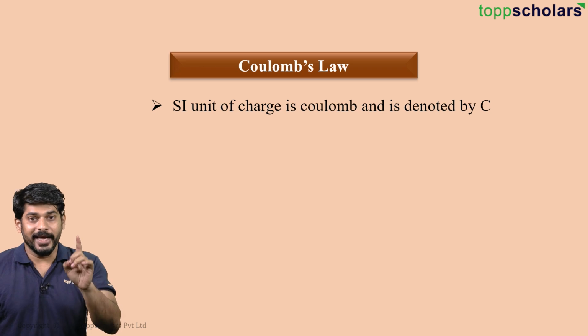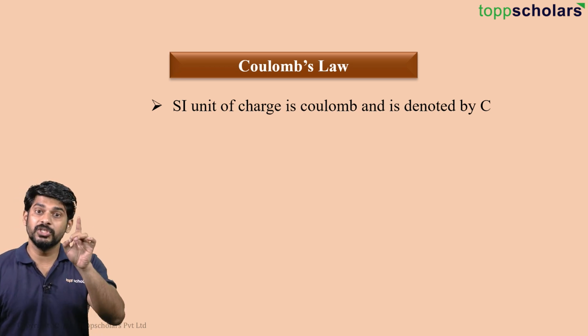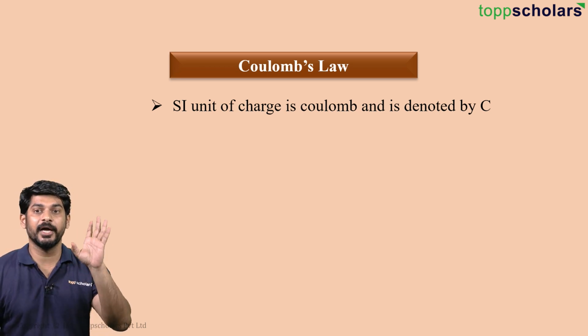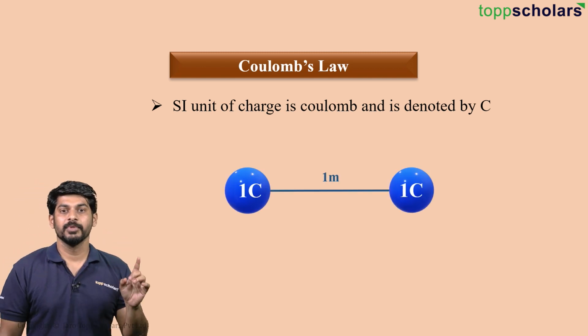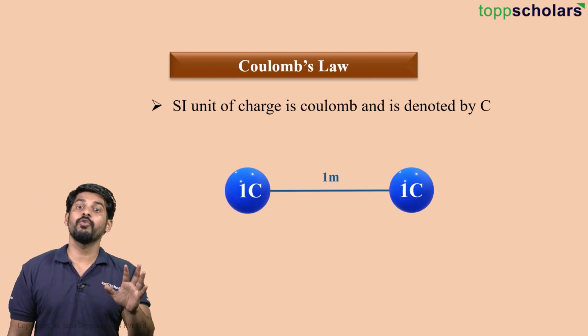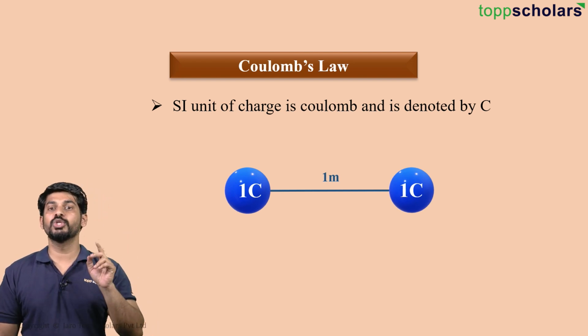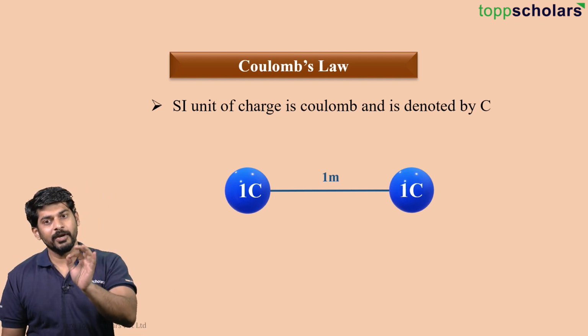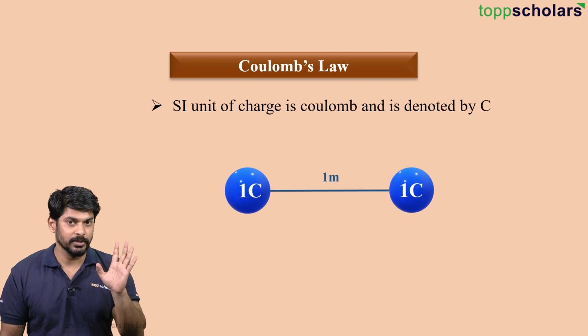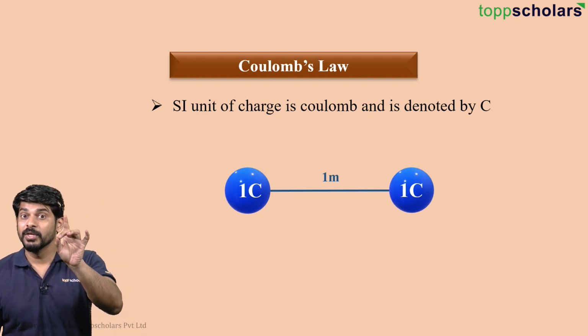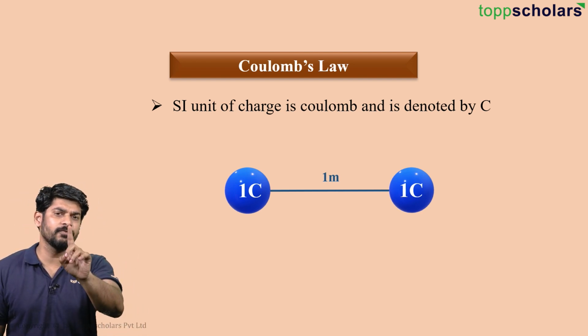Now, the SI unit of charge is Coulomb and it is denoted by capital C. Let's understand how exactly we can define this Coulomb. Let's say we have two charges, 1 Coulomb and 1 Coulomb, both positive, separated by exactly 1 meter.